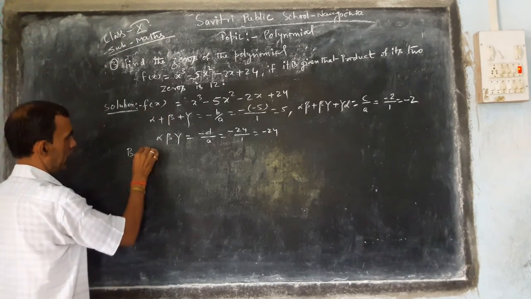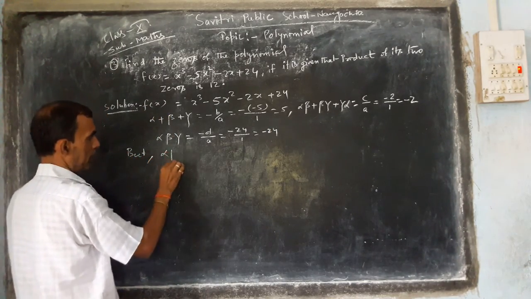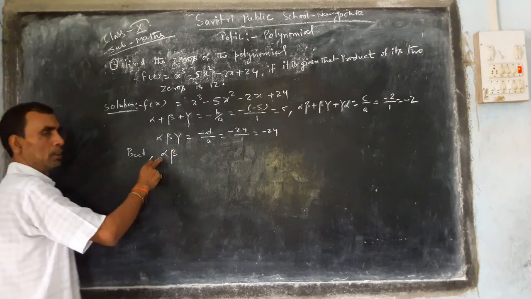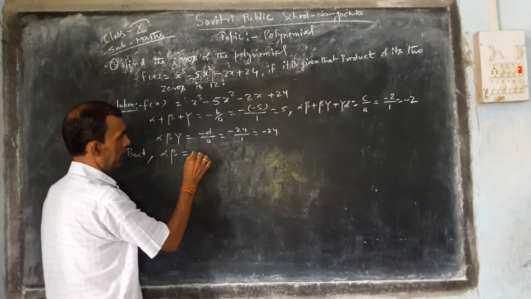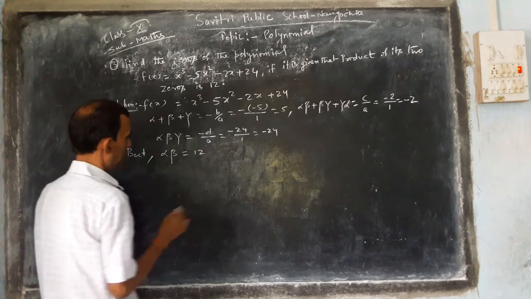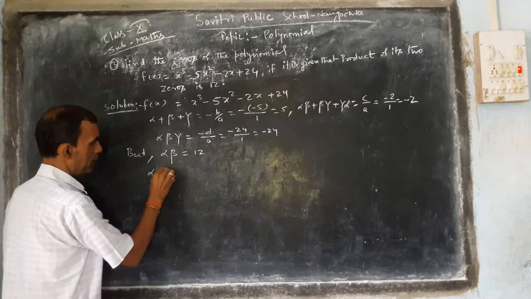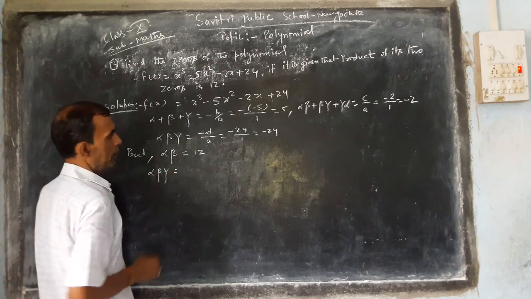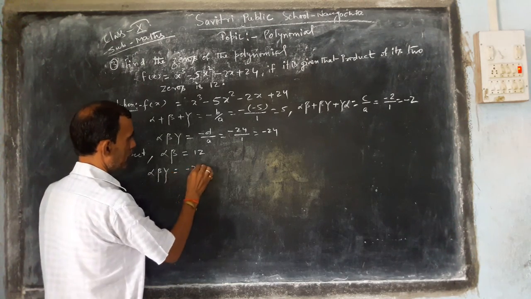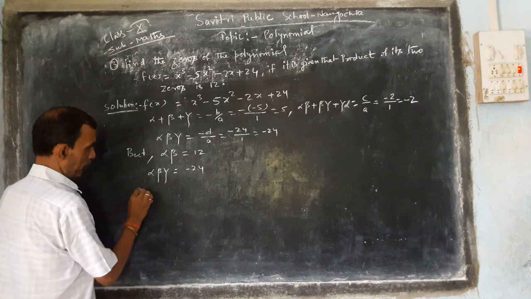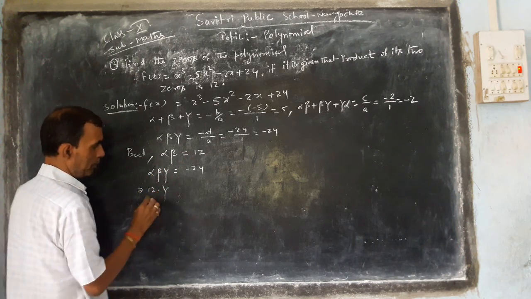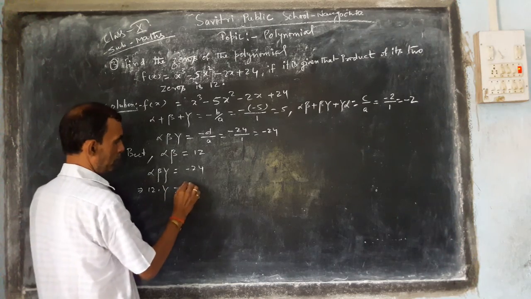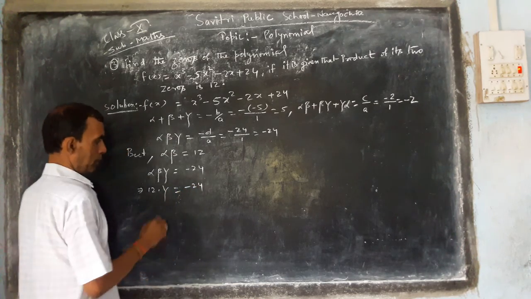But it is given that α·β, the product of two zeros, is 12. Then αβγ = −24, so 12 × γ = −24.